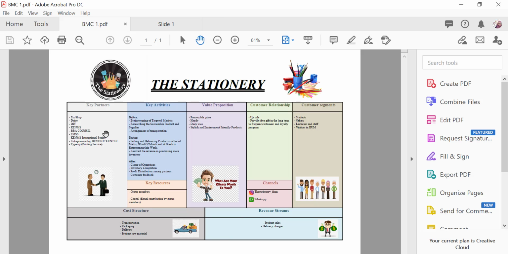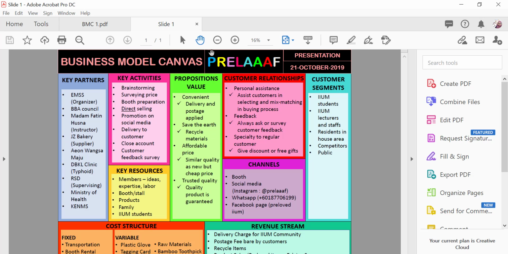I don't want to compare between BMC 1 and the other one, but as you can see, this BMC gets more marks because of the accuracy of their information. Even though this one has so much information, some things cannot appear in one box to another.